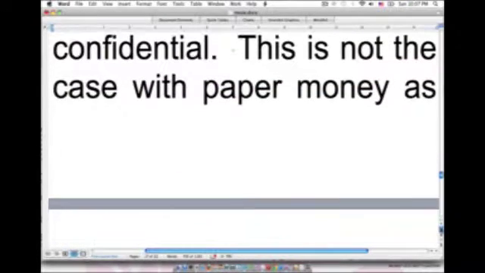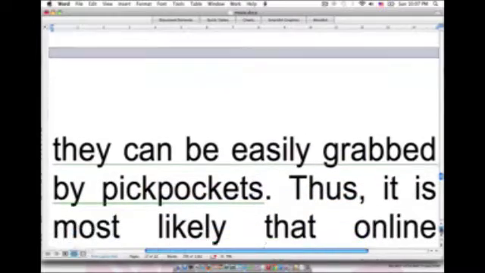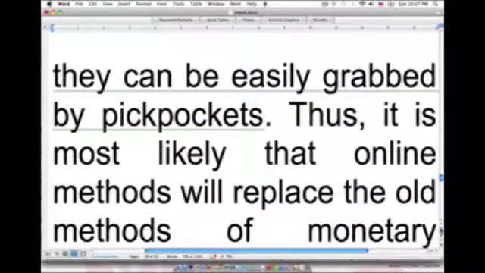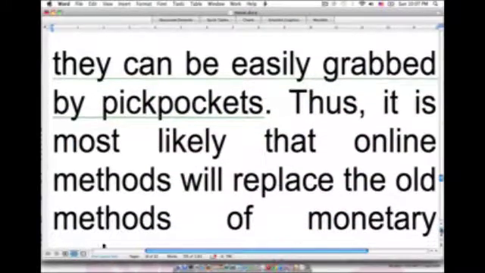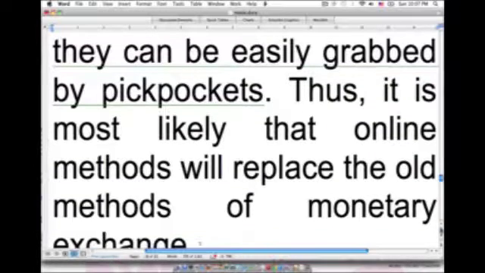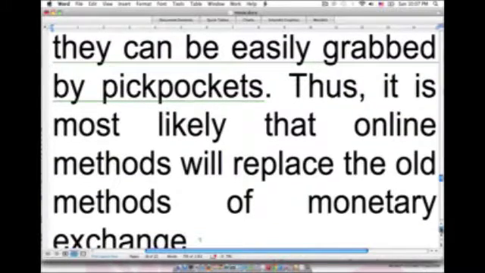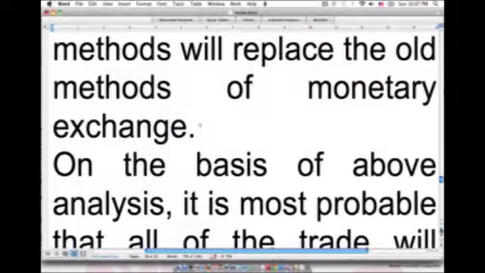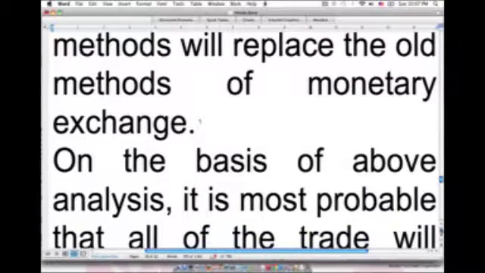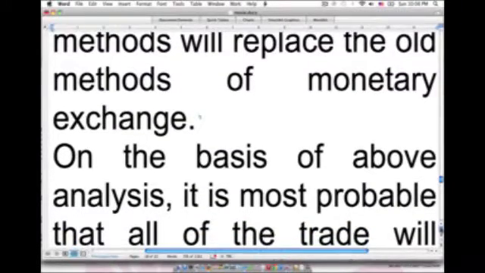This is not the case with paper money, as they can be easily grabbed by pickpockets. Thus, it is most likely that online methods will replace the old methods of monetary exchange.